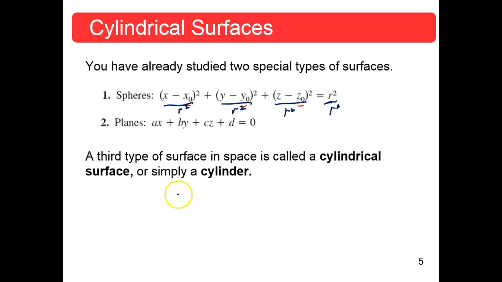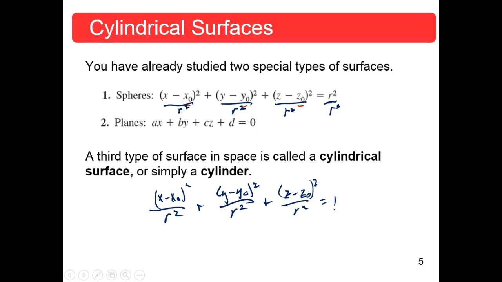Now what we have is x minus x0 squared over r squared plus y minus y0 squared over r squared plus z minus z0 squared over r squared is equal to 1.